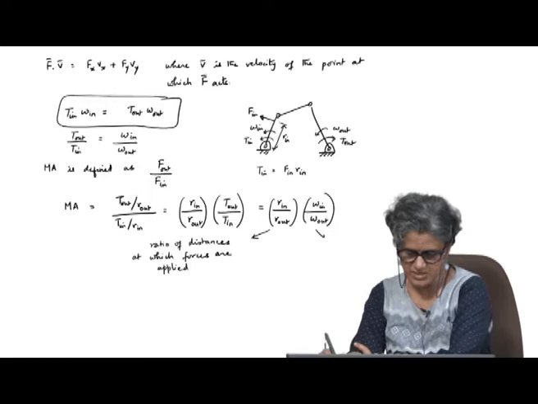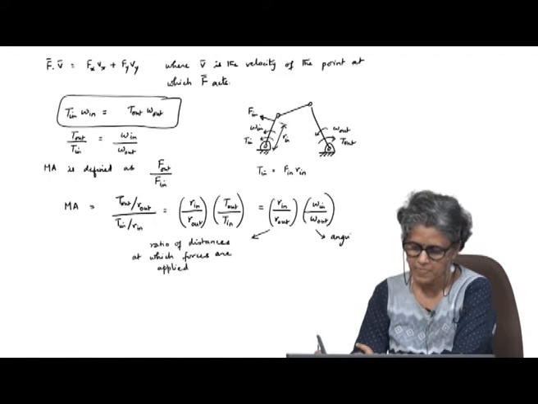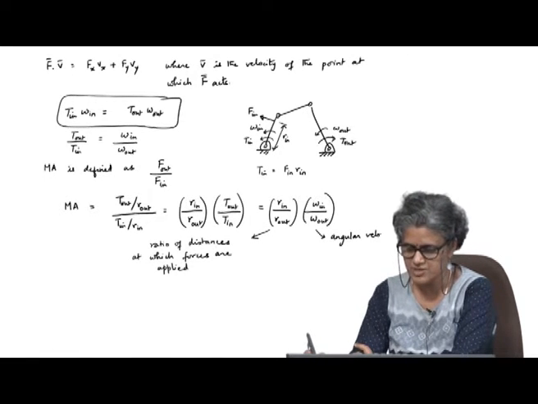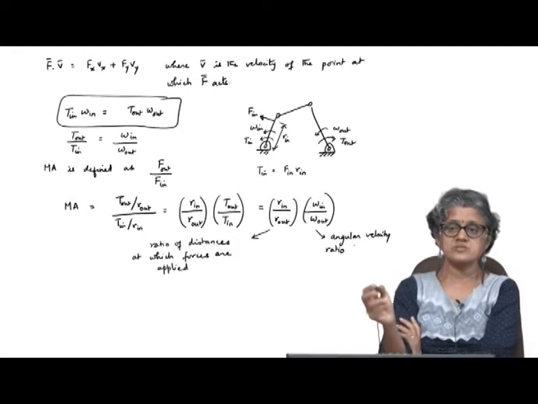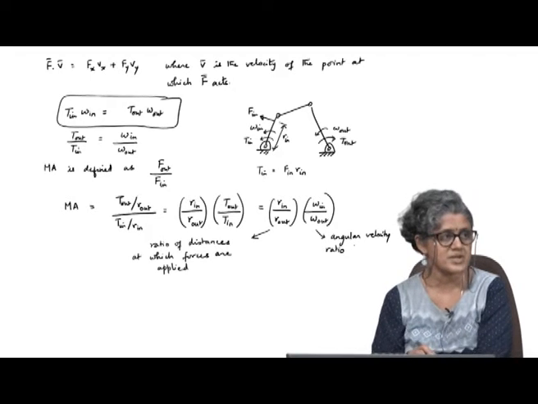And this here is my angular velocity ratio, which depends on the geometry of the linkage.